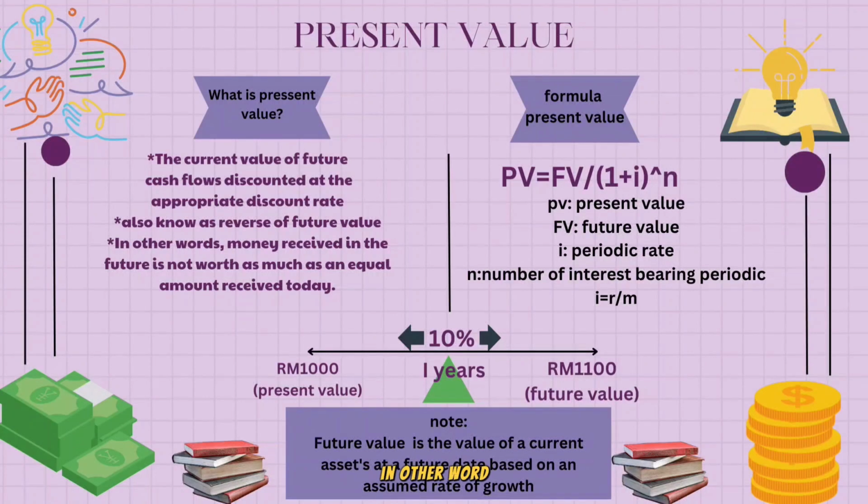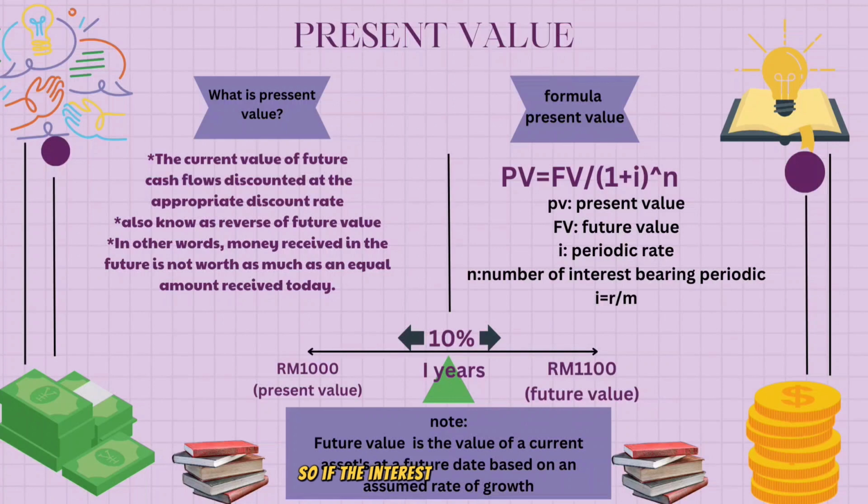In other words, present value is money received in the future is not worth as much as an equal amount received today. For example, you can refer to the diagram in the slide. We have 1,000 to invest our money to increase the amount for 1 year.